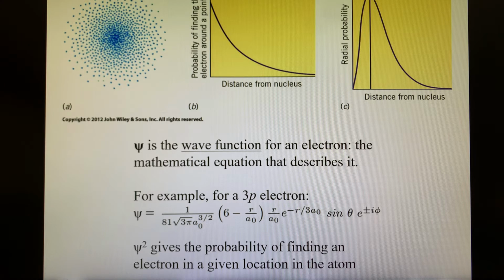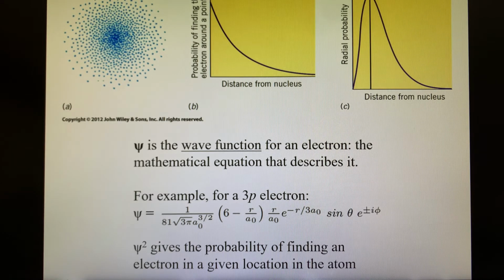So the electron doesn't necessarily move in straight lines. We don't know how it moves, but it does move. So you can calculate the probabilities over and over again for a 1s electron, and you get this kind of shape: a high probability of finding it very close to the nucleus and a lower probability of finding it outside there.